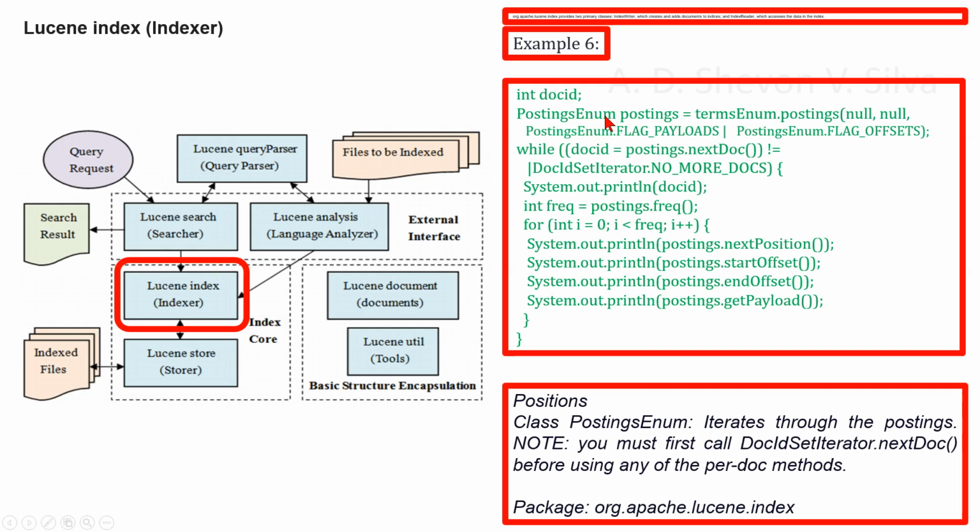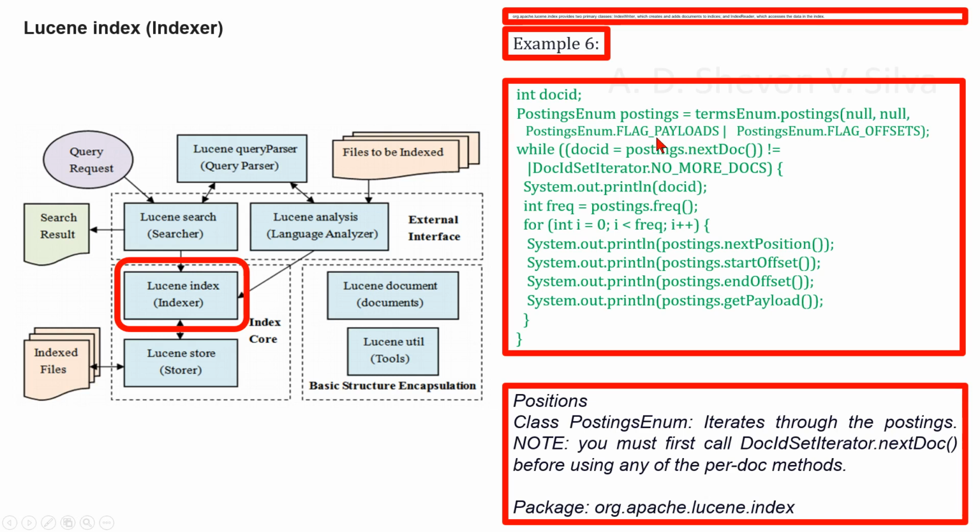Note you must first call DocIdSetIterator.nextDoc before using any of the per-doc methods. PostingsEnum also allows iteration of positions a term occurred within the document, and any additional per-position information, offsets and payloads.